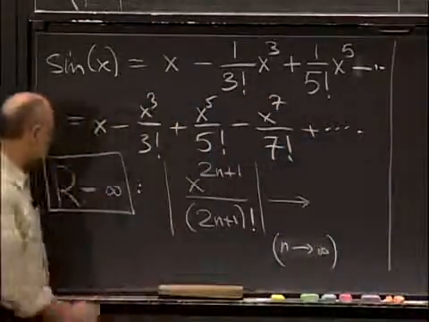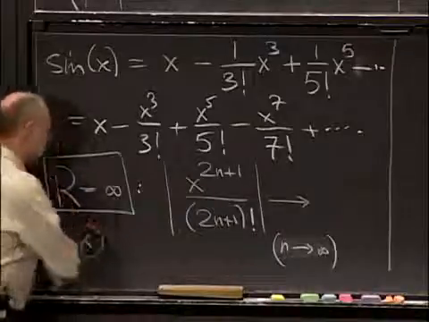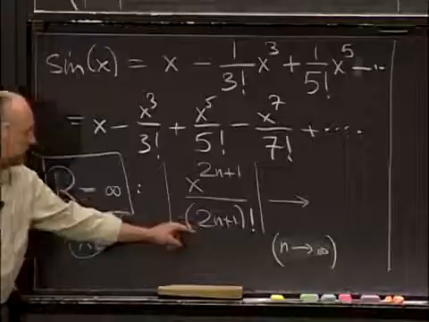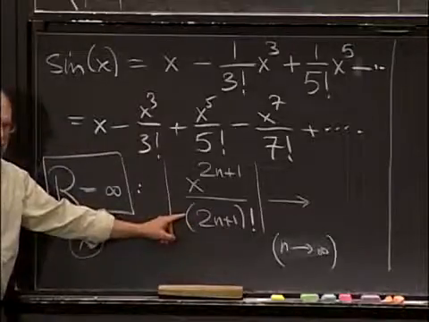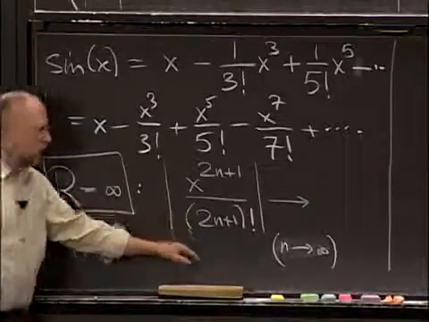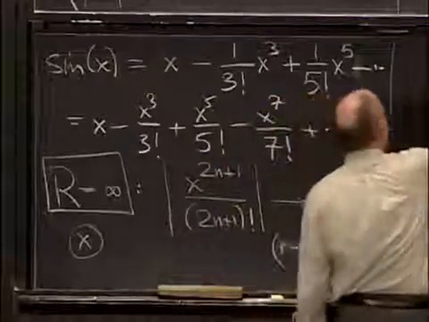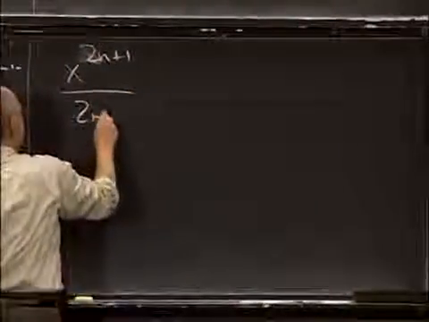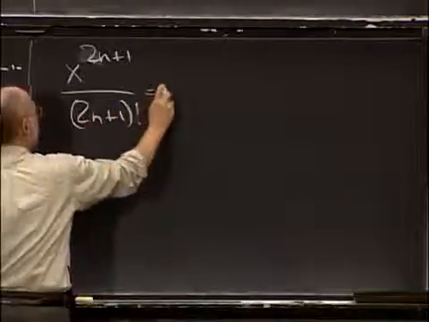So let's just think about this for a fixed x. Let's fix a number x. Look at powers of x and think about the size of this expression when n gets to be large. So let's just do that for a second. So x to the 2n plus 1 over 2n plus 1 factorial, I can write out like this.